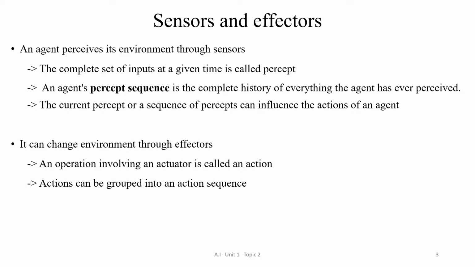It can change the environment through effectors. An operation involving an actuator is called an action. And actions can be grouped into an action sequence. Every agent has to perform these two jobs.